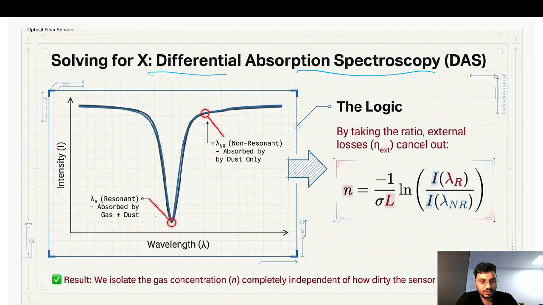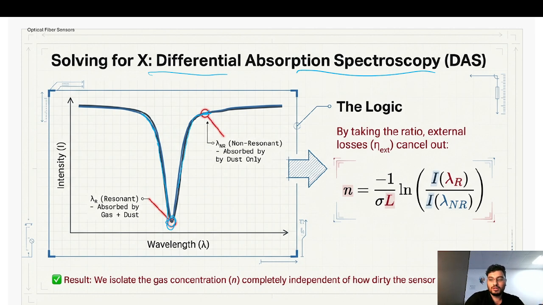As we discussed, line broadening, the Beer-Lambert law and the Doppler effect are why this broadening is happening. And you can see here that non-resonant absorption by dust is reducing the intensity this much, and after that the gas and dust will absorb again up to this much.